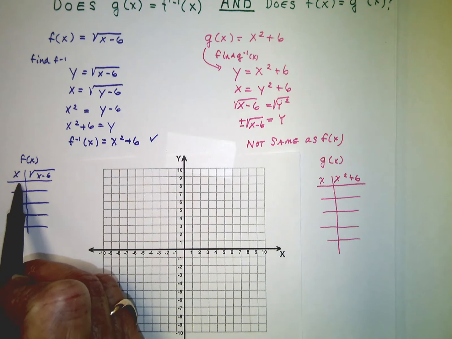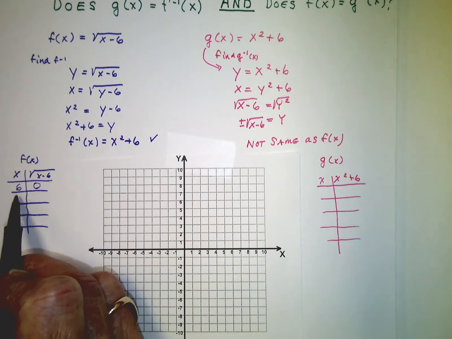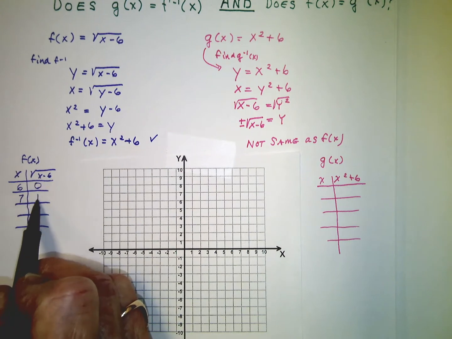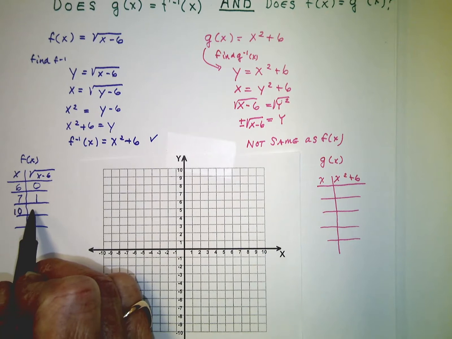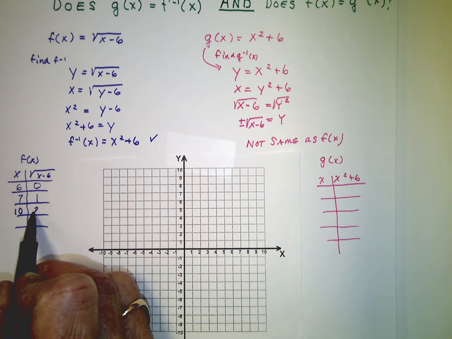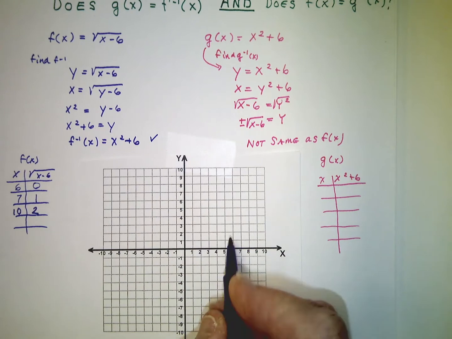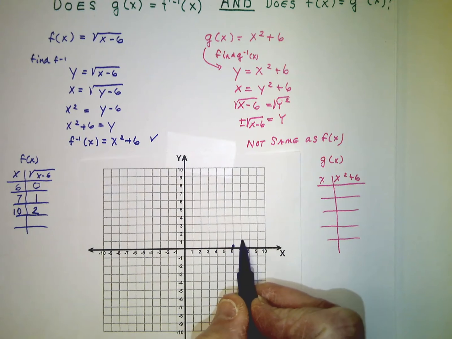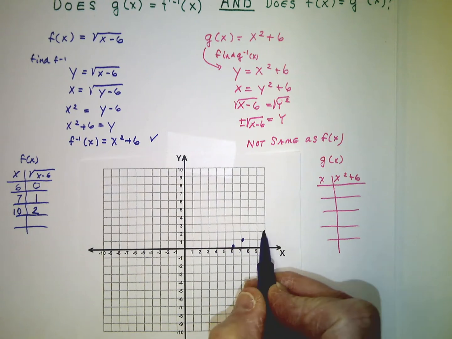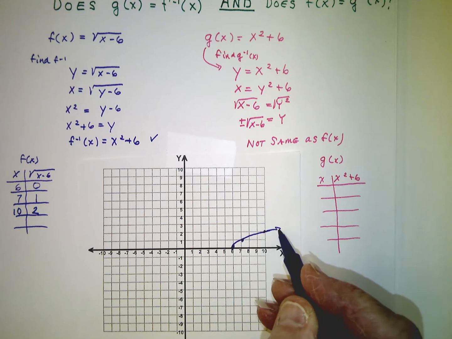We put in a 6, we'd have the square root of 0. If we put in a 7, we'd have the square root of 1. If we put in a 10, we have the square root of 4, which would be 2. So we have 6, 0, 7, 1, and 10, 2. And our graph is going to go off like that.